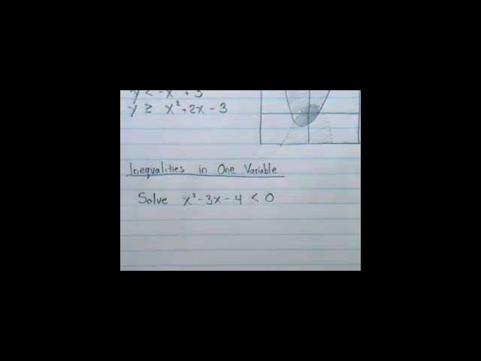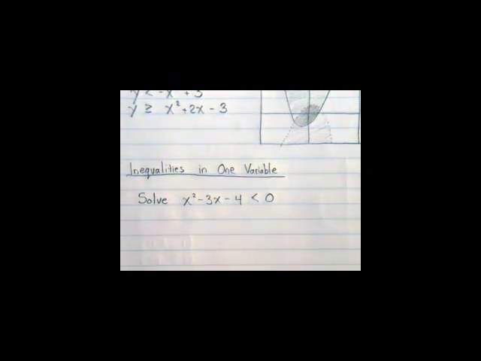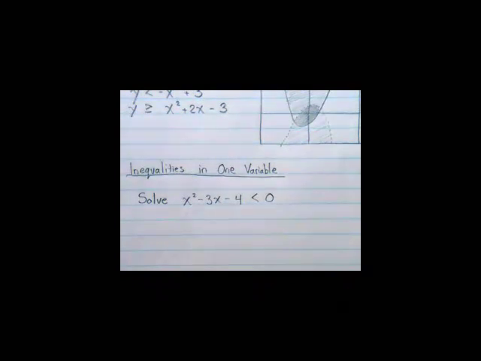X squared minus 3x minus 4 less than 0. Okay? Now, you don't have to do this every time. Like I said, you don't need to draw graphs all the time. I'm going to simply draw one just because I think it's helpful. Okay? But what I would like you to do first is graph this thing on your calculator. It's only one this time. X squared minus 3x minus 4, and take a look.